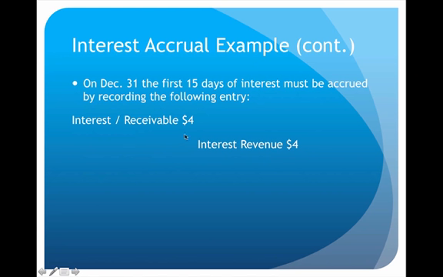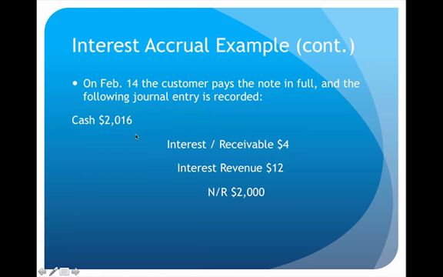So I'm going to have to accrue $4 worth of interest. And the way I do that is I debit interest receivable and credit interest revenue, because I've earned $4 of that interest even though I have not received it yet. And interest receivable, just like accounts receivable or note receivable, it is an asset.